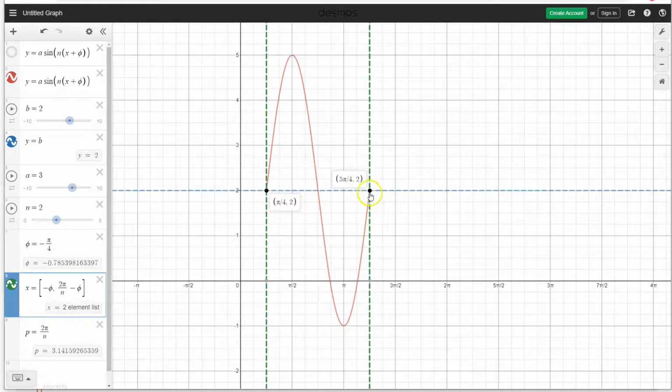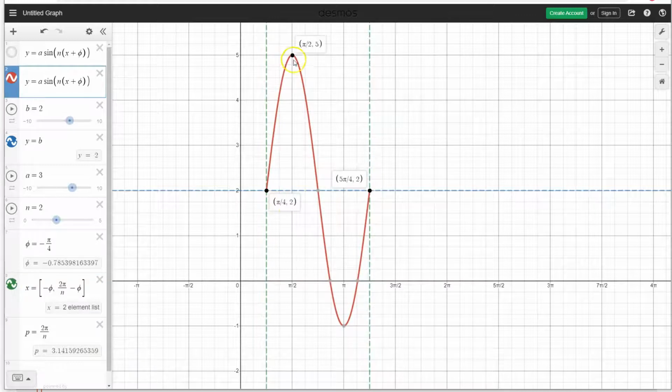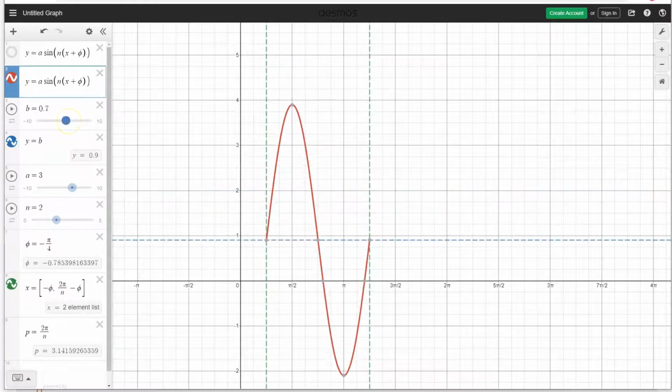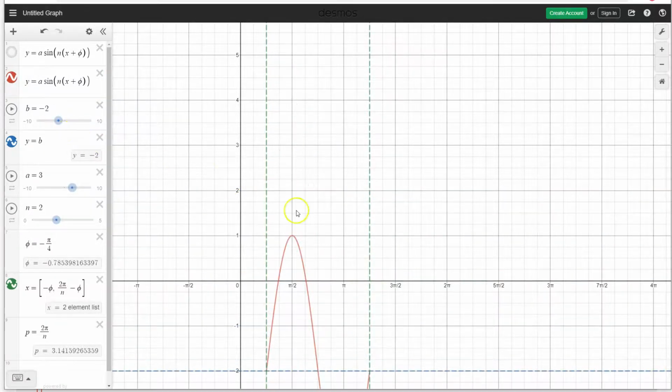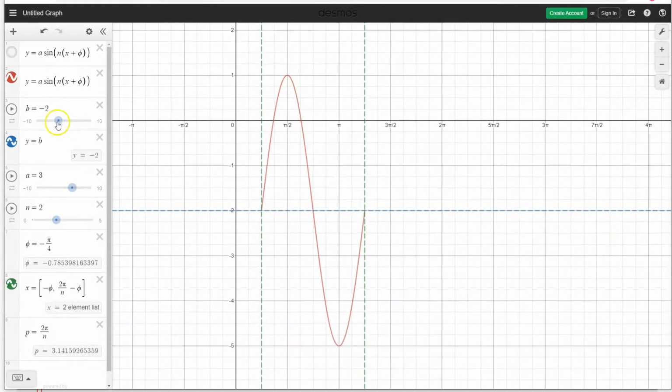At the end it's going to be 2 as well, but it will have a maximum of this b value plus the amplitude, which will be 5, and a minimum of b, which is 2, minus the amplitude of 3, so negative 1. So using digital technologies, this is what would occur. Now, if I put it to negative, notice it can go below the x-axis.